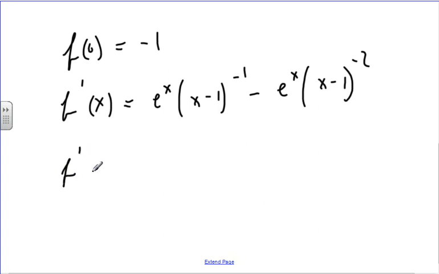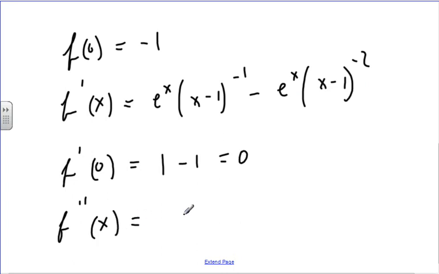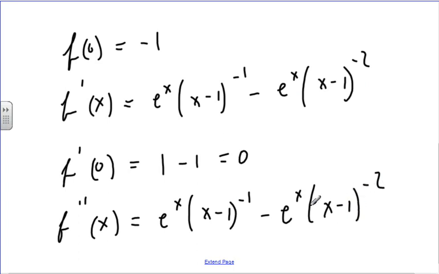Okay, f prime at 0: minus 1 minus 1 is 0. Okay, f double prime of x: e to the x, x minus 1 to the minus 1, minus e to the x, x minus 1 to the minus 2, minus another e to the x, that guy, so that's going to be 2 of them, plus 2 e to the x, x minus 1 to the minus 3.